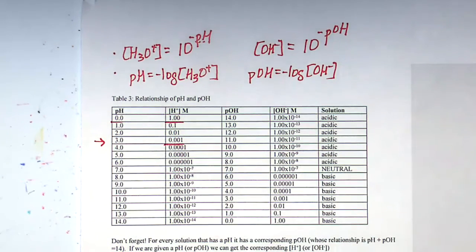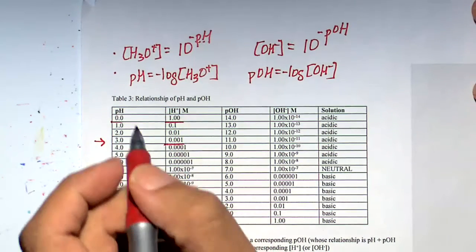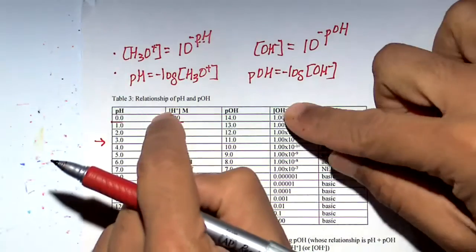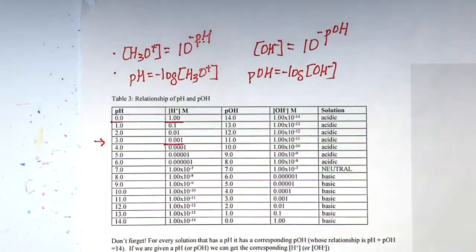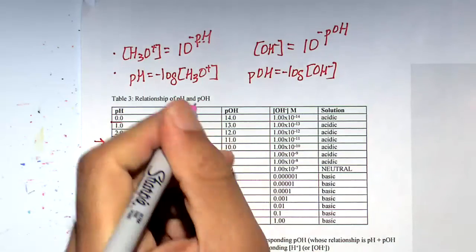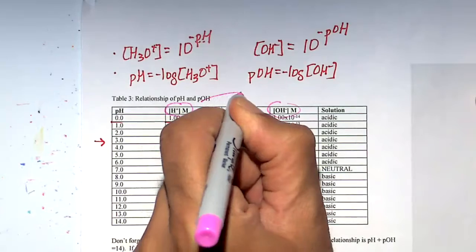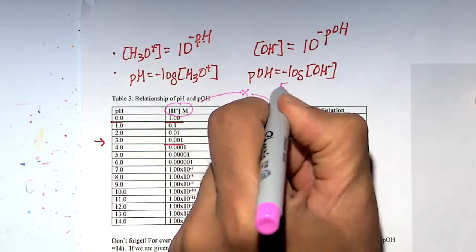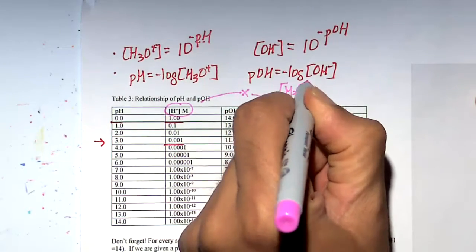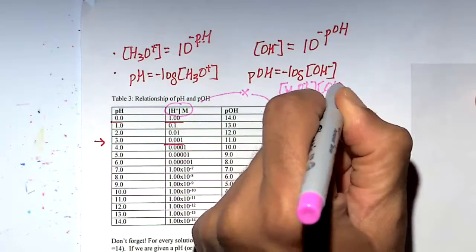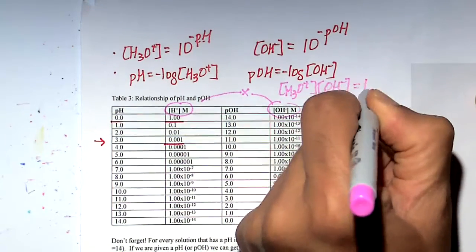So basically what I'm saying is you can go back and forth, okay, with your calculator. And another thing here is this times this. If you multiply these two together, you will get Kw.